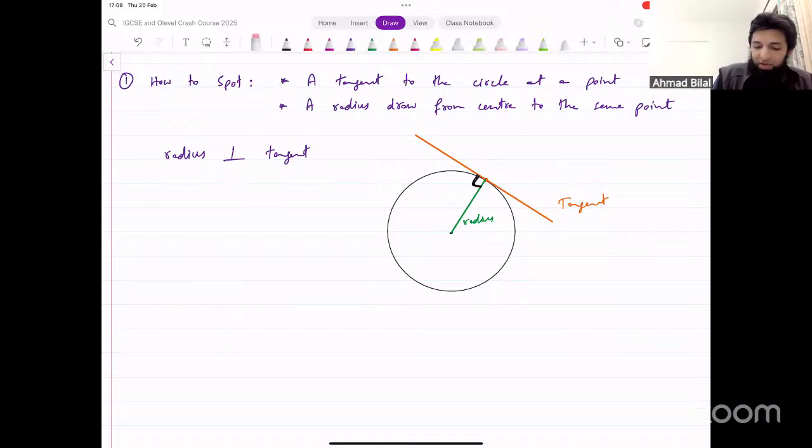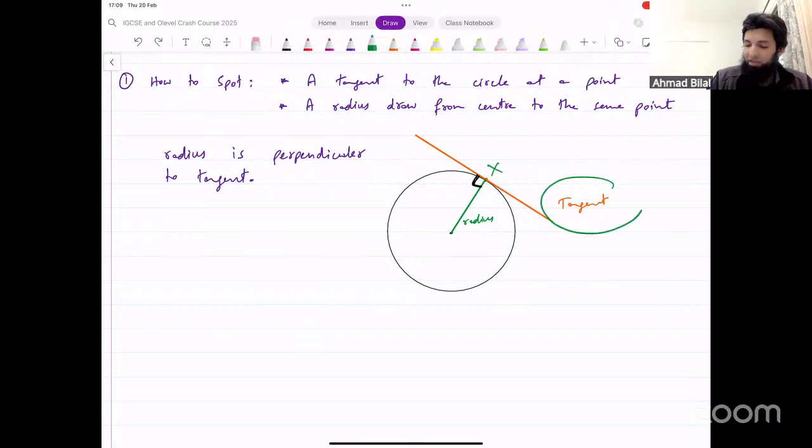Or let me actually just write it fully in case this is confusing. Radius is perpendicular to tangent. But it has to be at the same point. So if this point is, let's say, X, the radius and the tangent should be drawn from the same point, right?